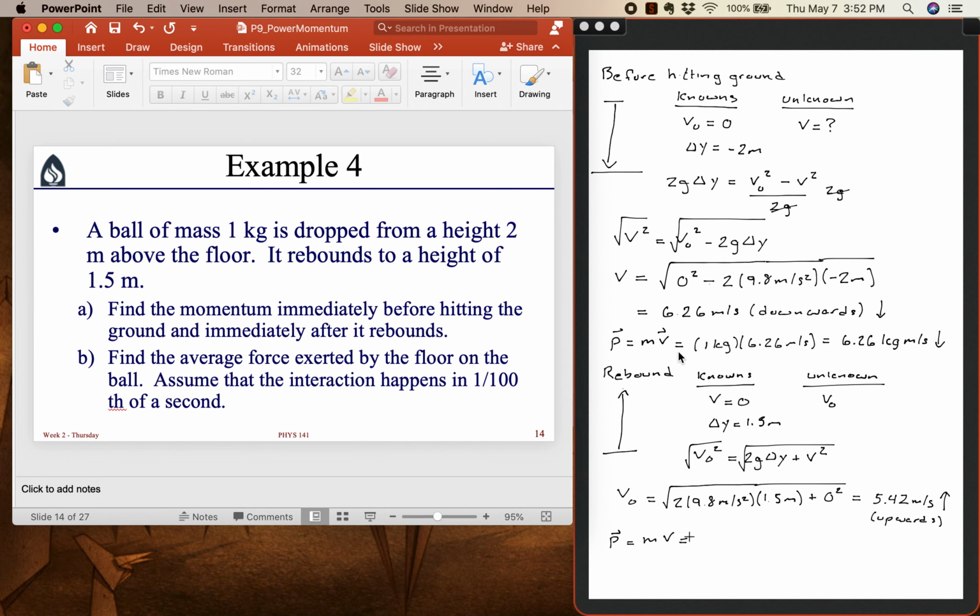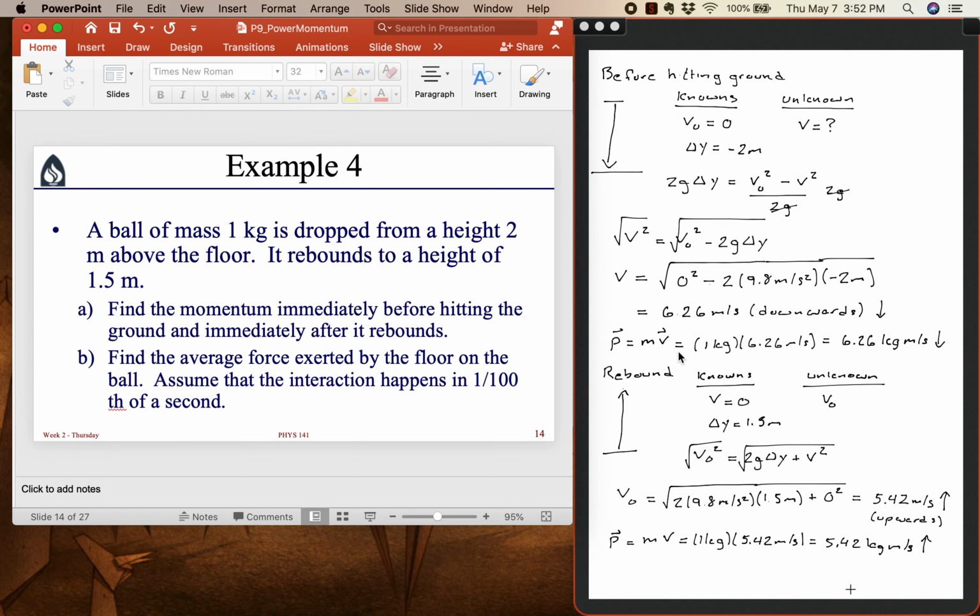So that's going to be equal to 1 kilogram times 5.42 meters per second, which will be 5.42 kilograms times meters per second in the upward direction.